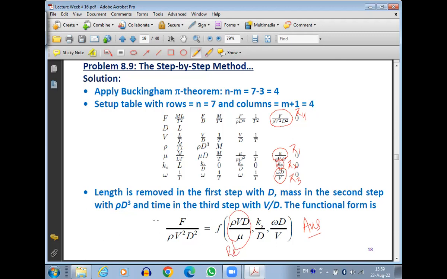Our answer was getting mu upon rho vd, but mu upon rho vd could also be written as rho vd upon mu, because dimensionally they are equal. Dimensionally it does not matter. So we are not writing the values. 2 is not the same as 1 over 2, but because 2 is a value, and right now we are not placing values.